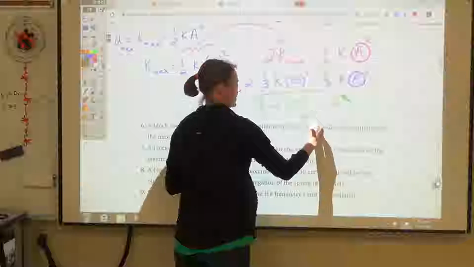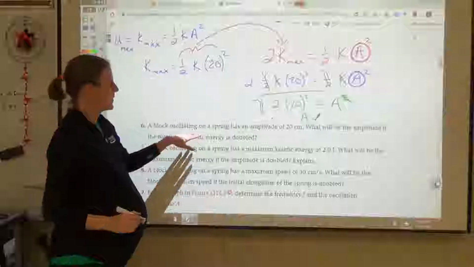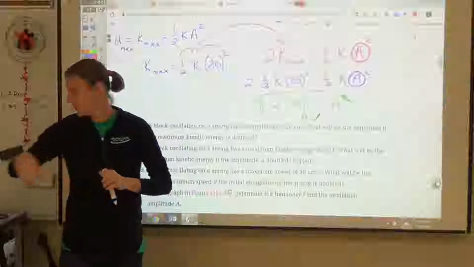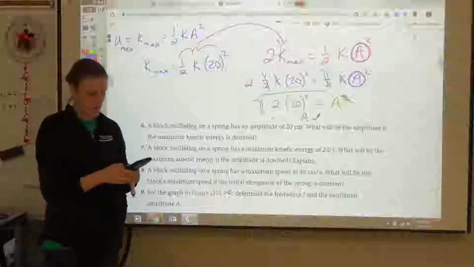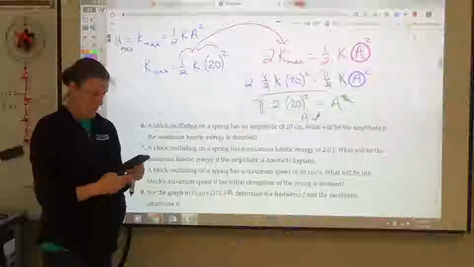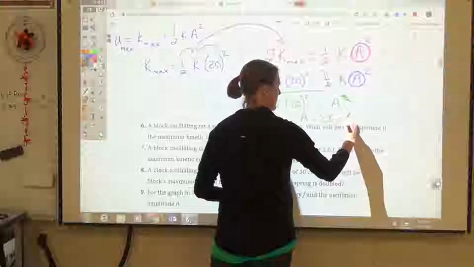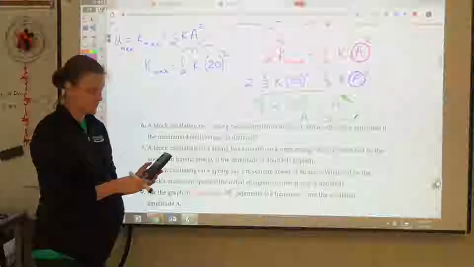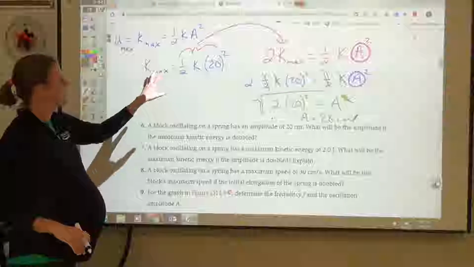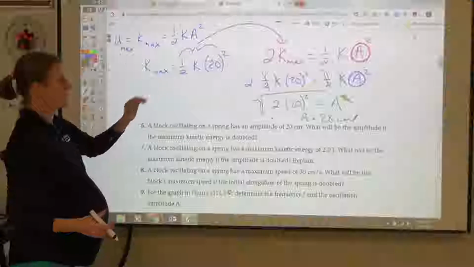So A would be 20 times the square root of 2, about 28. In this case I was plugging in my original kinetic energy because I was supposed to double it.